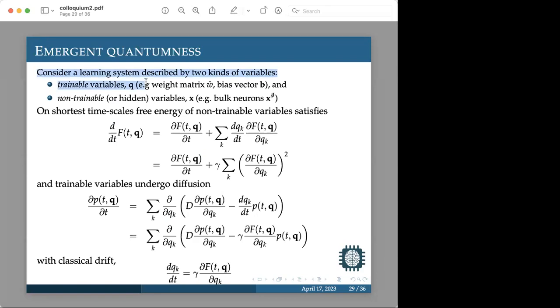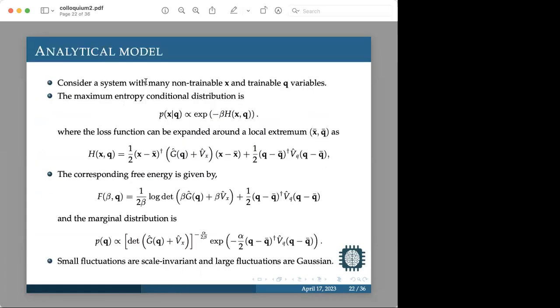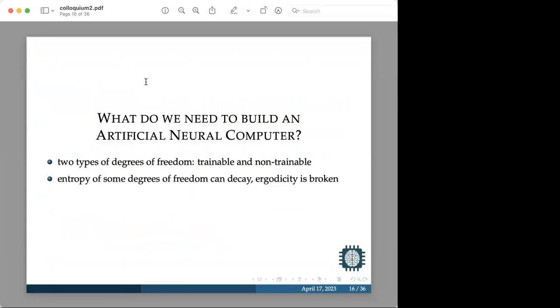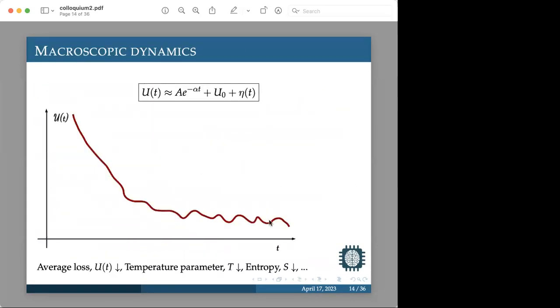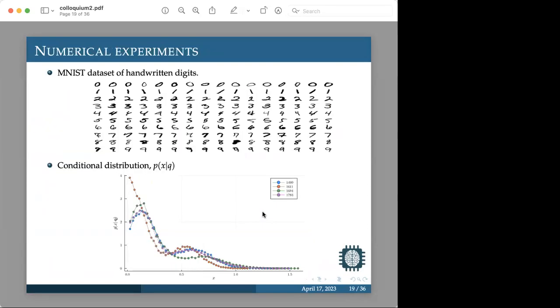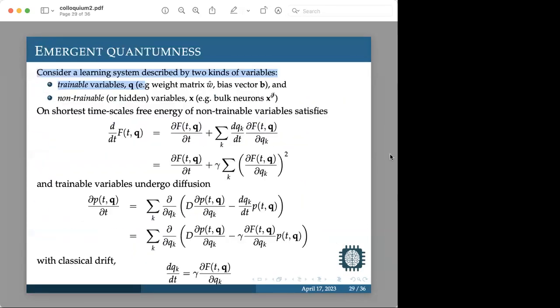On the large time scales they're really in equilibrium, but what really happens with them on the smaller time scales? We are still talking about this evolution here, but let's zoom in and study the dynamics of trainable variables there.